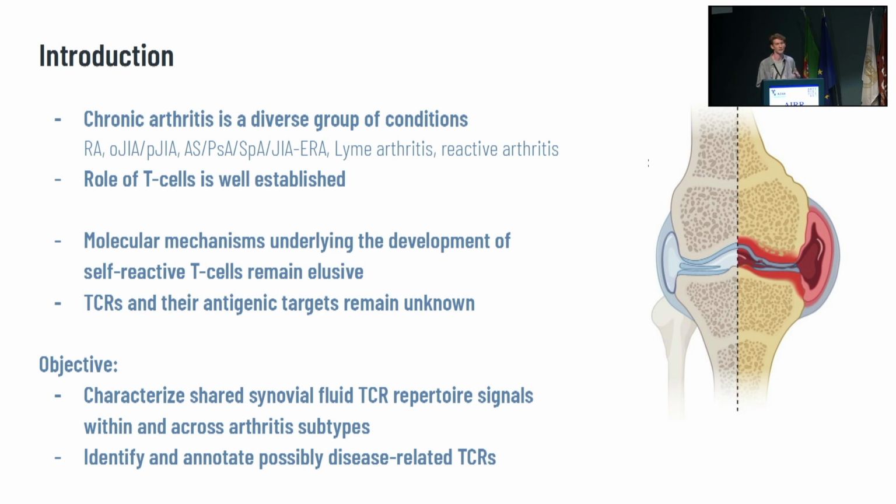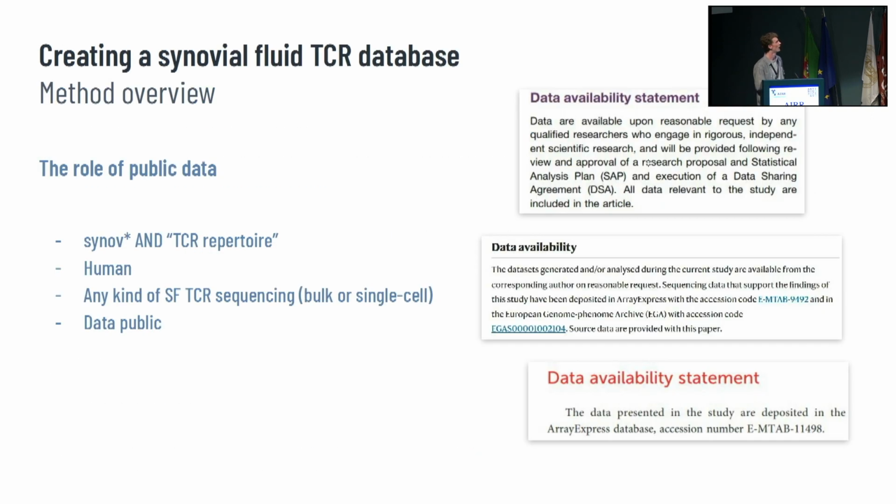And can we in this way possibly identify disease-associated TCRs? We don't have the biggest discovery cohorts, so we have to be smart, and a large part of this analysis was using all the publicly available data and integrating it and using this as a discovery cohort for these TCRs.